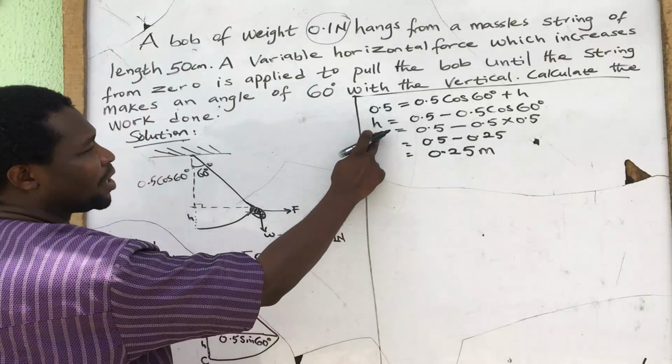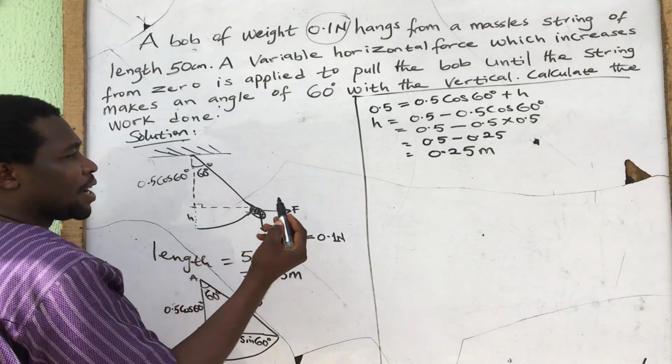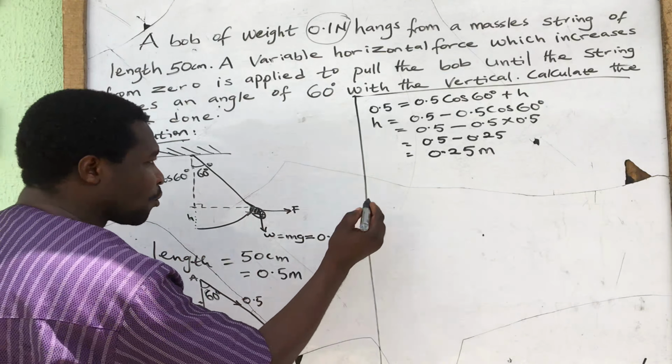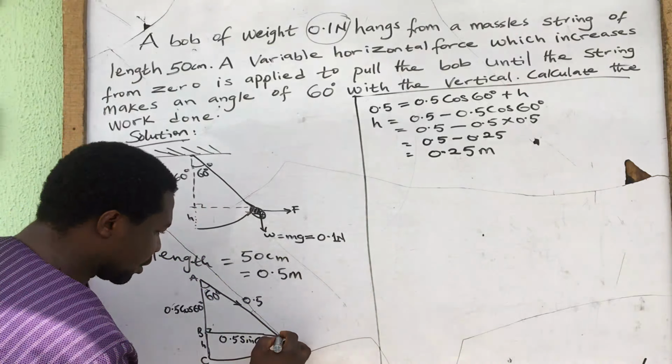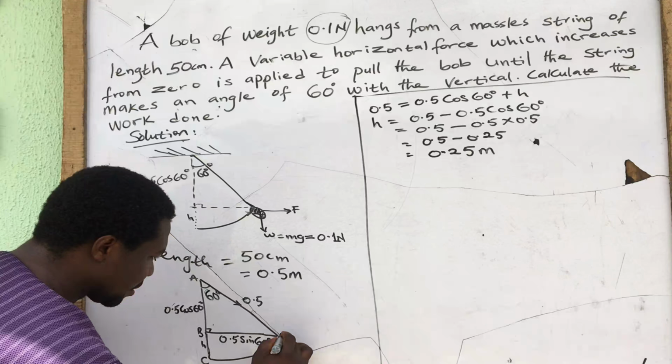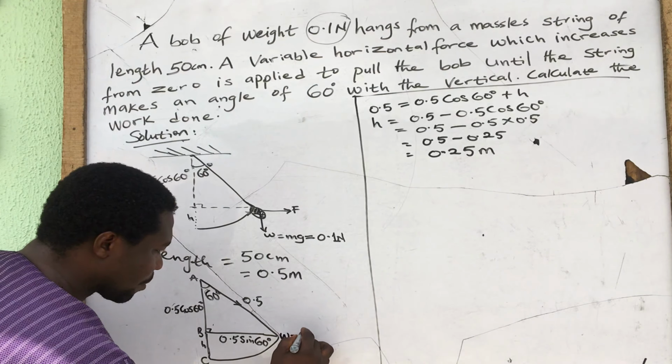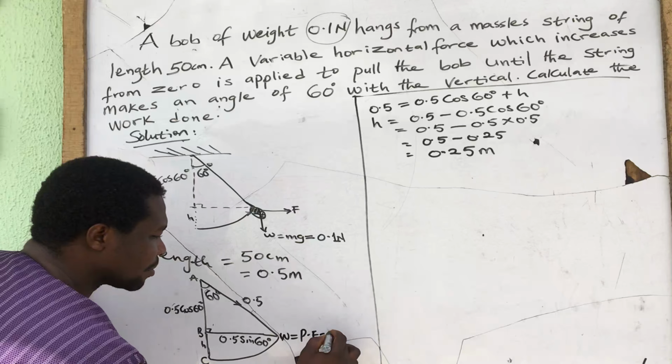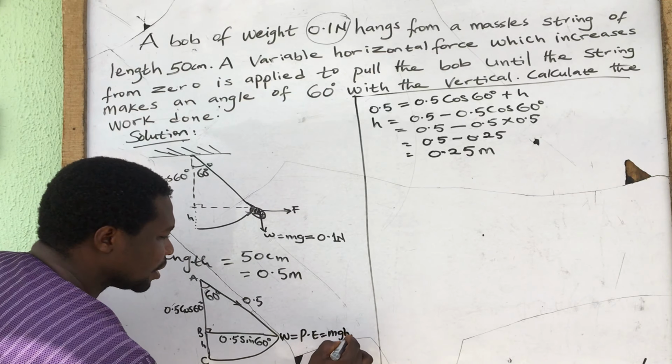Now that we know the value of H, it's easy for us to find the work done. The work done here equals the potential energy, which is the same thing as mgh.